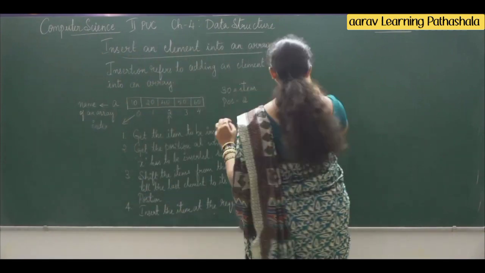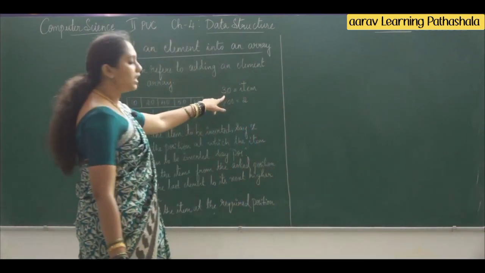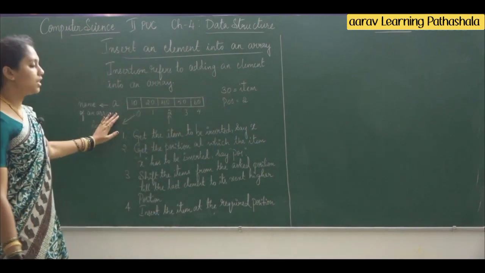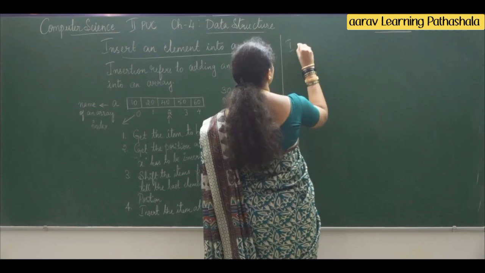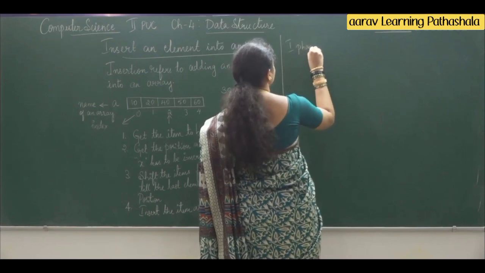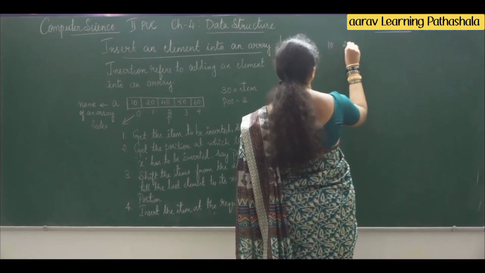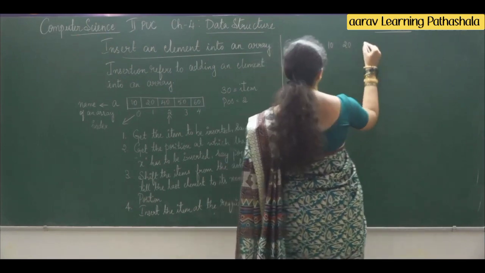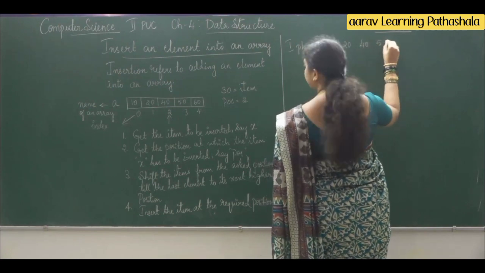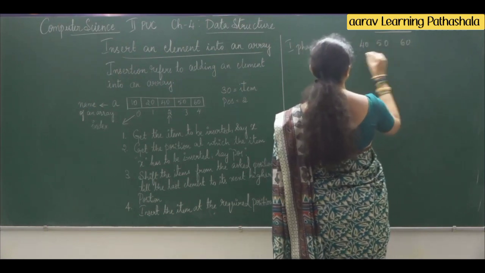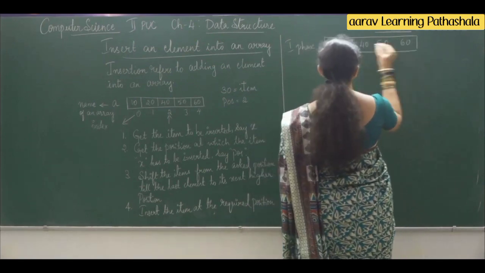So now add this item 30 into this array. So an array A contains 10, 20, 40, 50 and 60 as its elements.